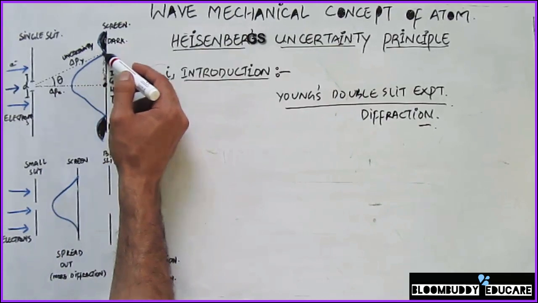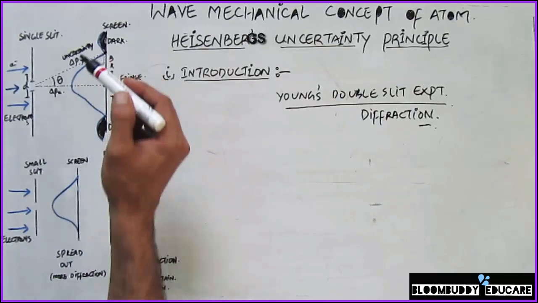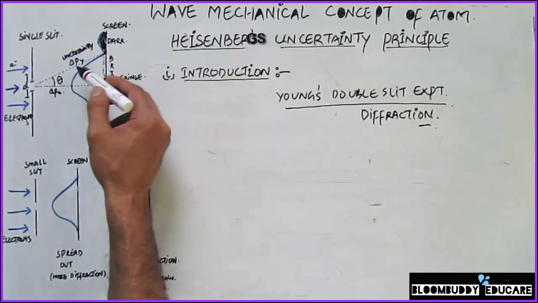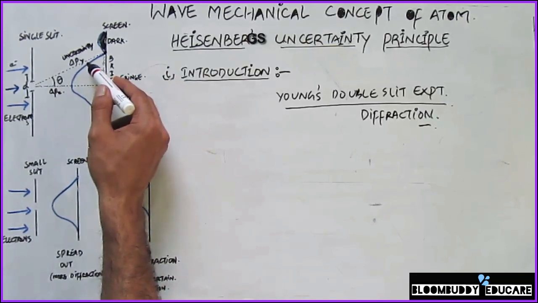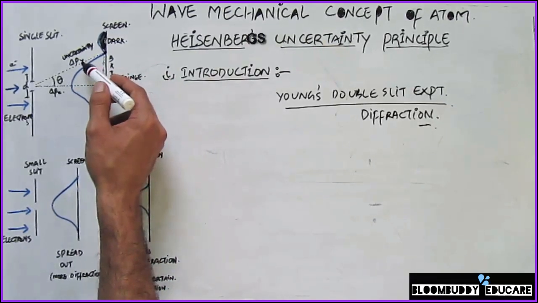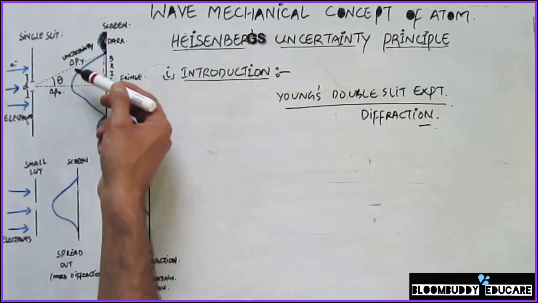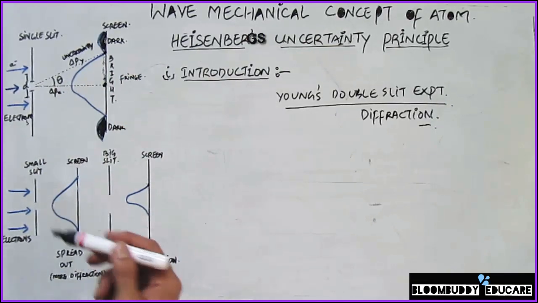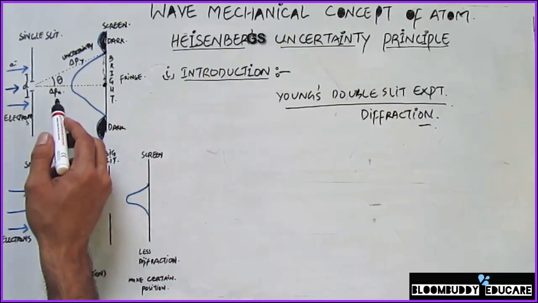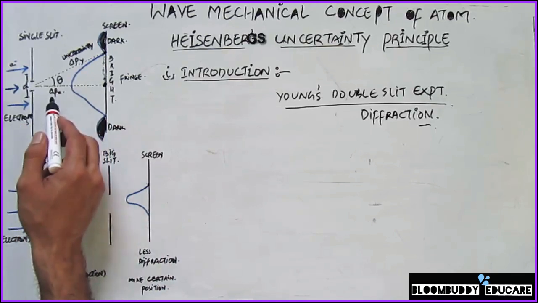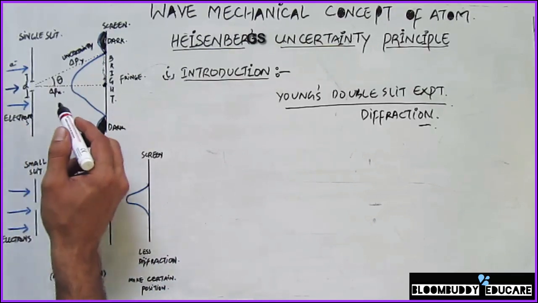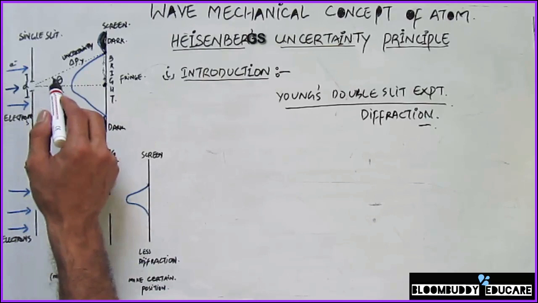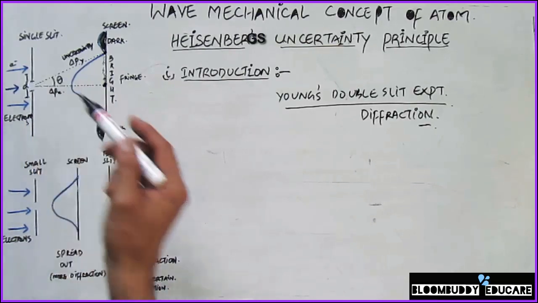So this electron may be somewhere here also, but there is going to be some uncertainty in the position of this electron on the y-axis, which we will represent with delta py, whereas the change in the momentum towards the x-axis will be represented by delta px, and the change will be represented with an angle theta.